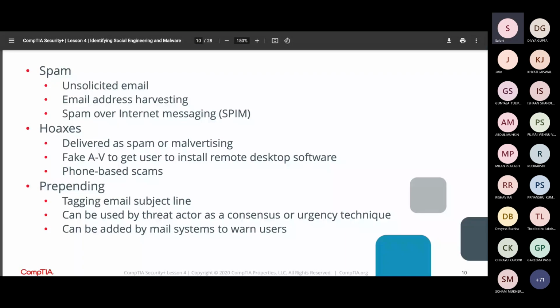Then there is fake AV to get user to install remote desktop, and a fake like virus kind of thing to install remote desktop software, phone-based scams.